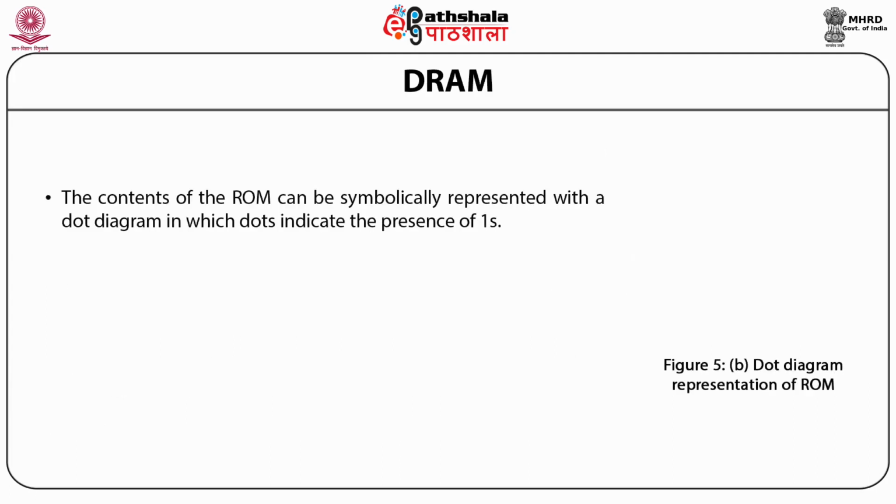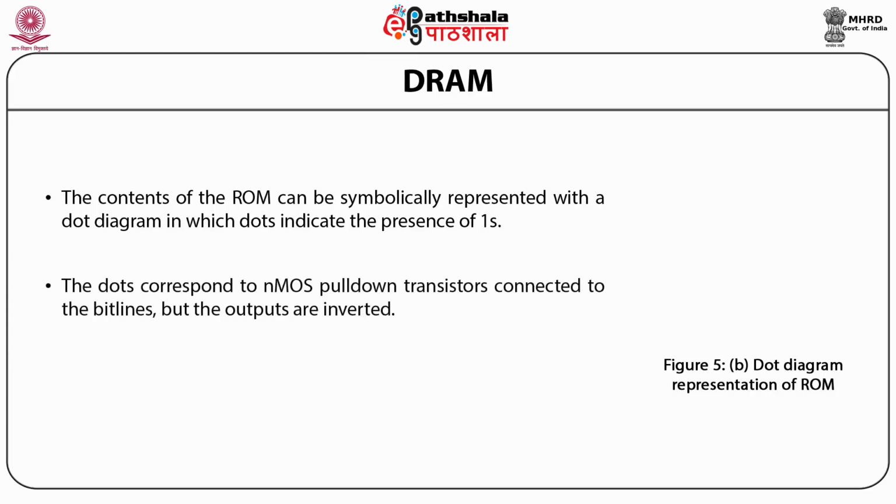So the contents of the ROM can be symbolically represented with a dot diagram in which the dots indicate the presence of ones as shown in figure B, and the dots correspond to NMOS pull-down transistors connected to the bit lines, but the outputs are inverted.